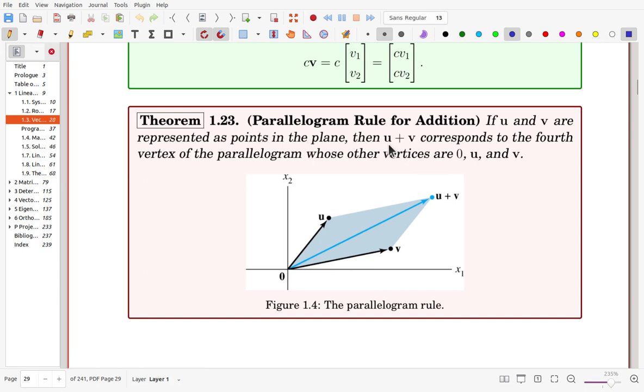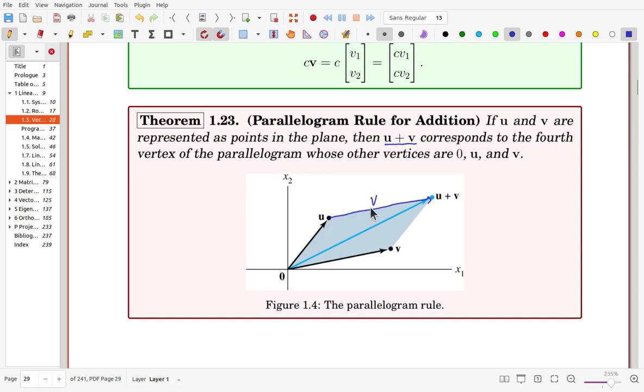And u plus v means that first you move along u, and from here now v. So v is that one, so parallel to that we make v here. This portion is v.